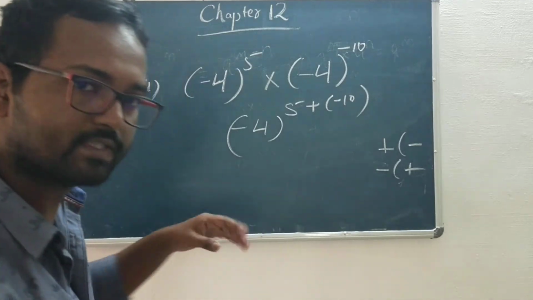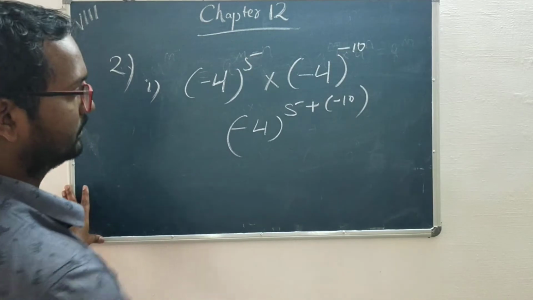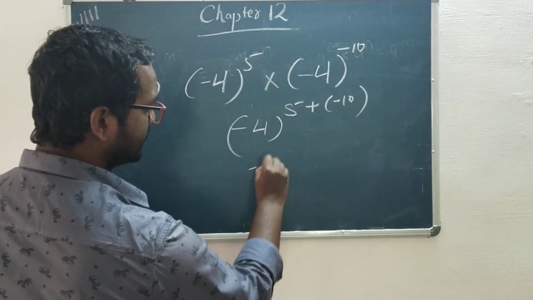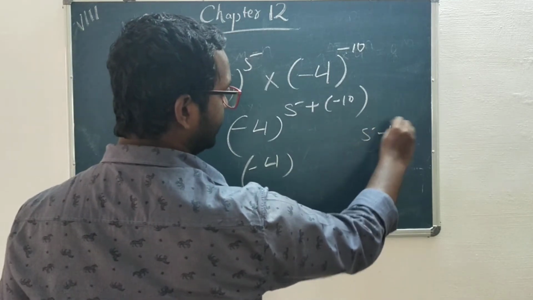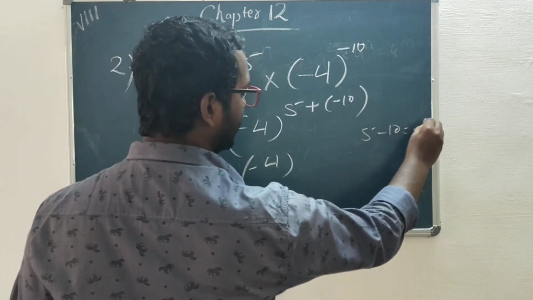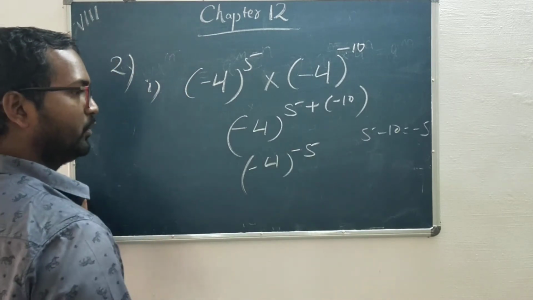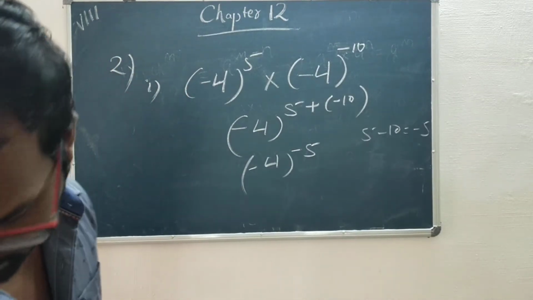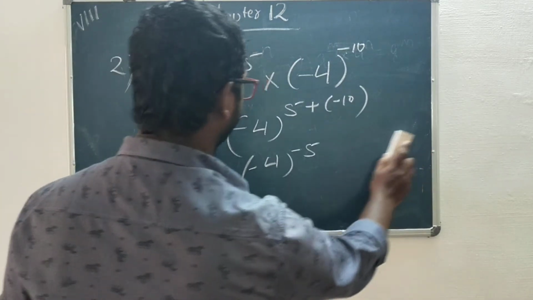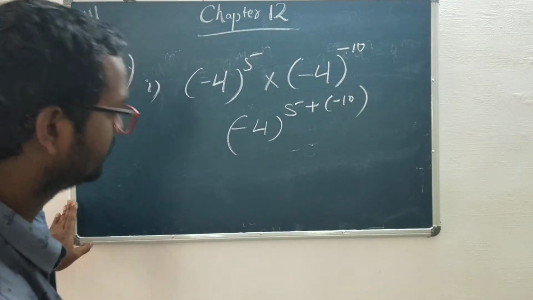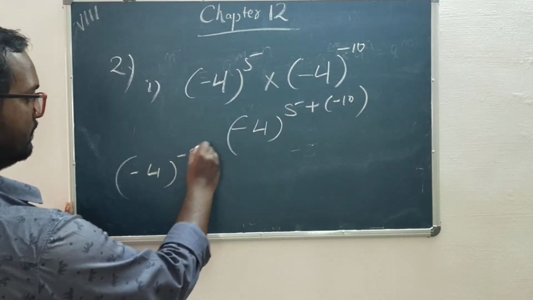So the overall sign will become minus. 5 minus 10 is minus 5. So the power will become minus 4 to the power minus 5. So the final overall answer will become minus 4 to the power minus 5.